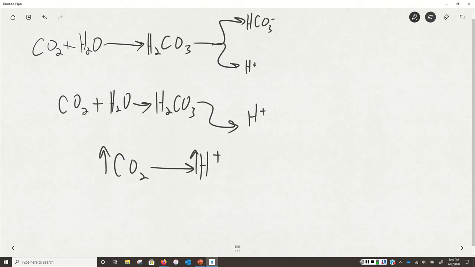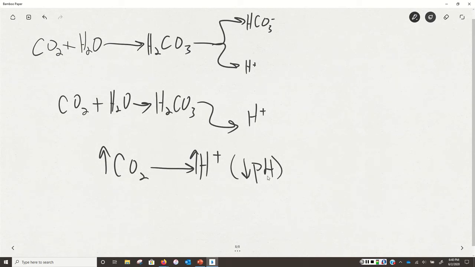We would get more H+. Or if there was less CO2, we would get less H+. But let's look at this part over here on the right. What's another way to say increased H+? Well, decreased pH. As CO2 goes up, pH goes down. Or when CO2 goes down, pH goes up.